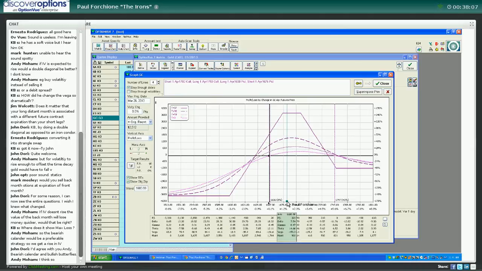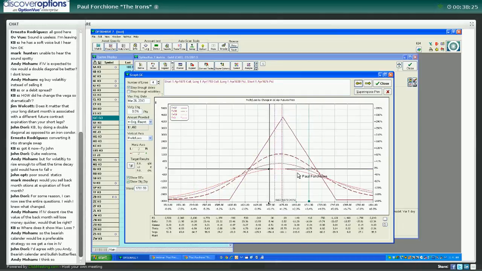So it's a broken wing iron condor that gives us a little bit more of a bullish bias starting out. And you can see how the performance curves do slope upwards, and then they taper off way at the upside to a lesser degree than the previous graph we were looking at.